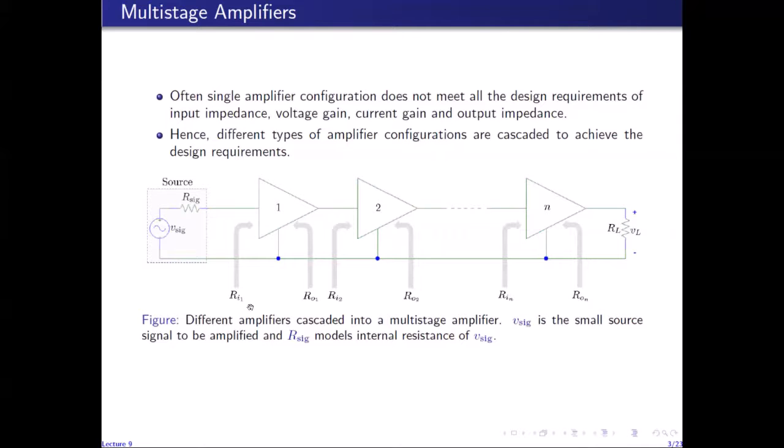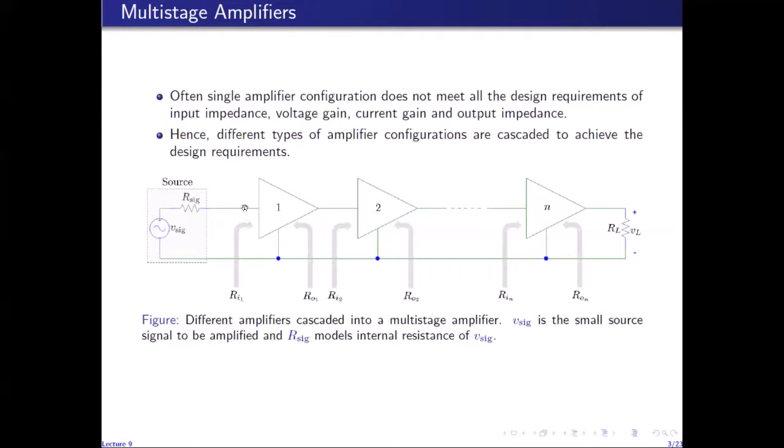resistance. Typically multi-stage amplifiers use what is called a differential pair as the first stage. Unfortunately, we won't study the differential pair in this course. But in addition to providing large input resistance, the differential pair also provides immunity to noise.